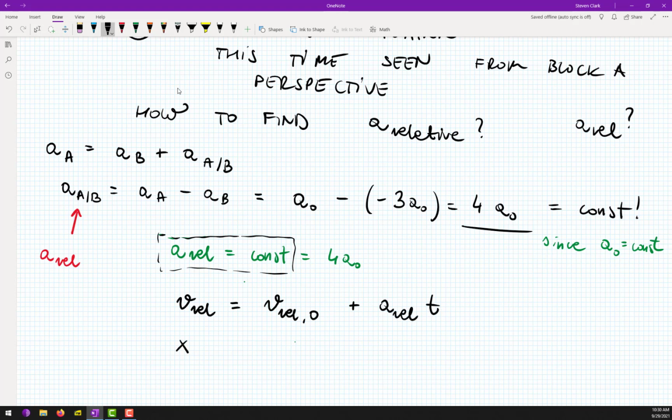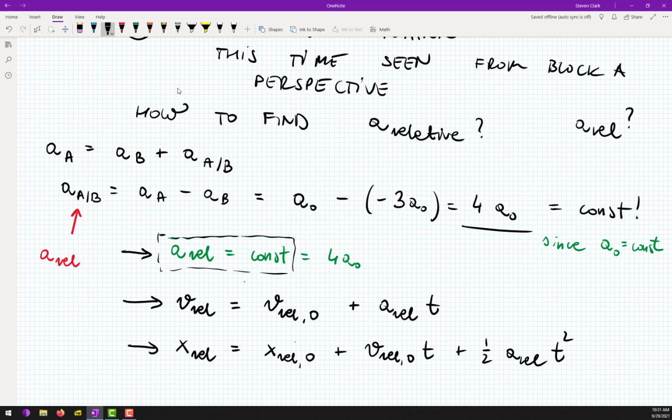And X rel, so distance relative, is equal to X rel initial plus V relative initial t plus 1/2 A relative t squared. Isn't it crazy that every time acceleration is constant, regardless of coordinate system, you can always write down these three equations in that coordinate system, even when it comes to relative motion?